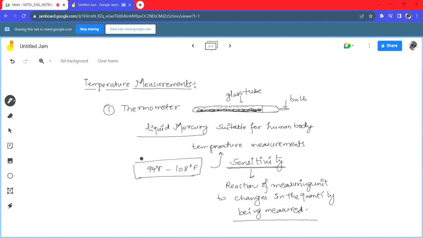Now suppose we designed a system for 0.1 degree Fahrenheit of increase or decrease in the body temperature.